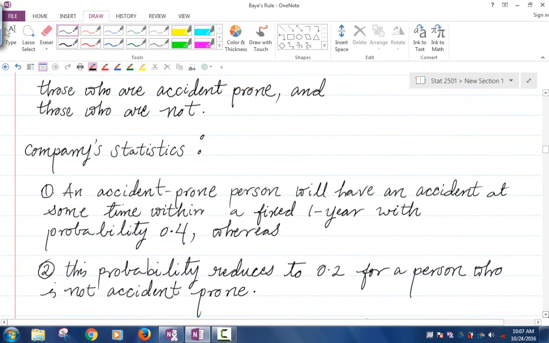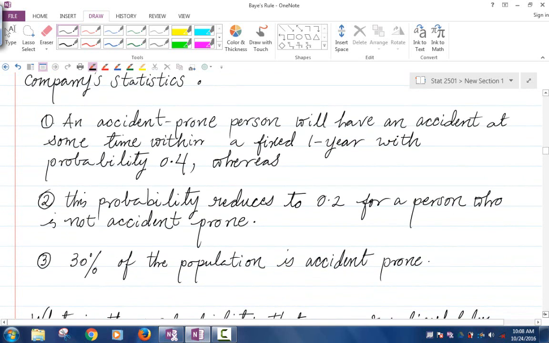Number one, an accident-prone driver will have an accident at some time within a fixed 1 year period with probability 0.4, whereas this probability reduces to 0.2 for a driver who is not accident prone.